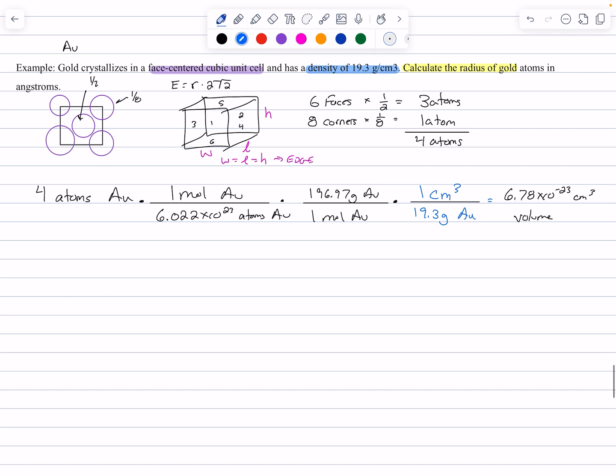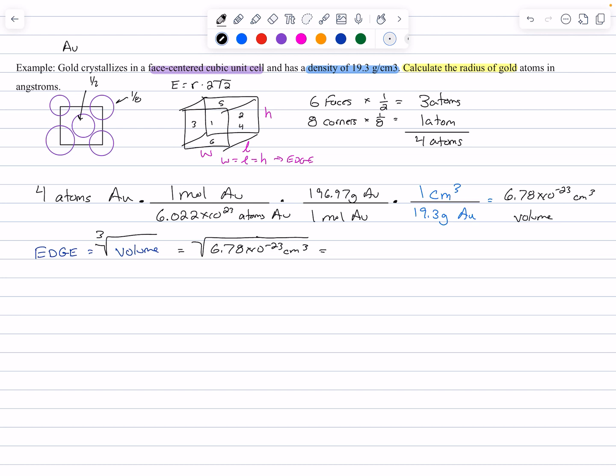So our edge would equal the cube root of the volume, 6.78 times 10 to the negative 23rd centimeters cubed.